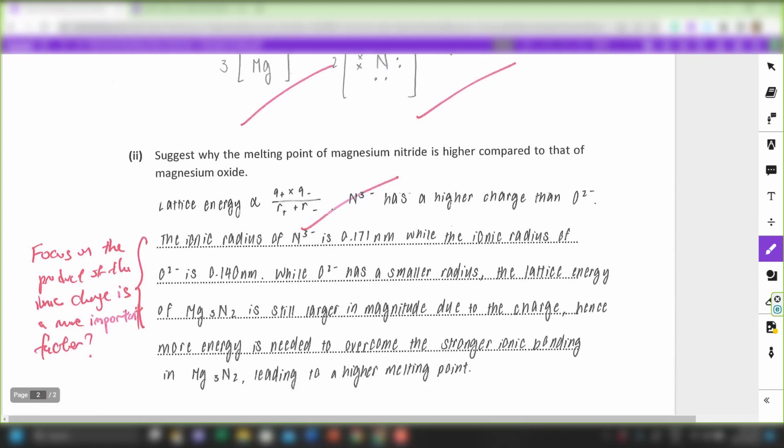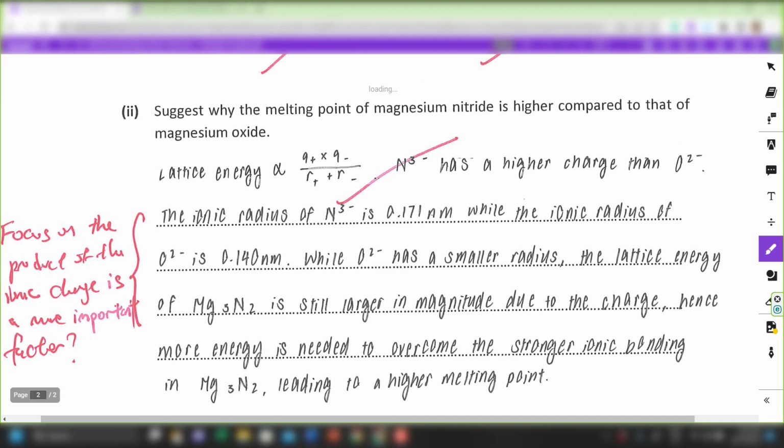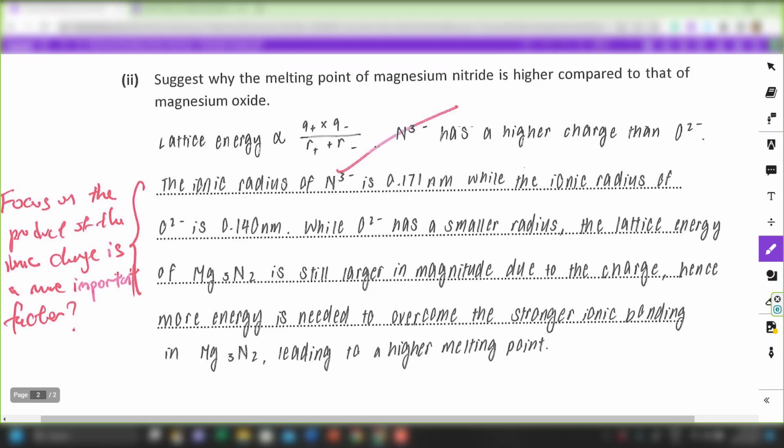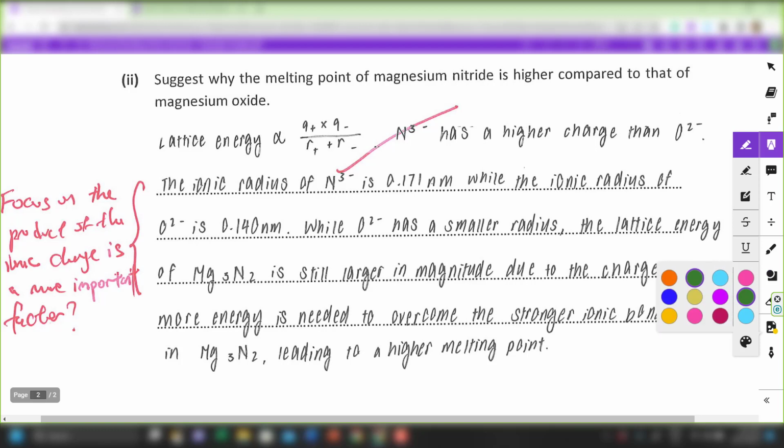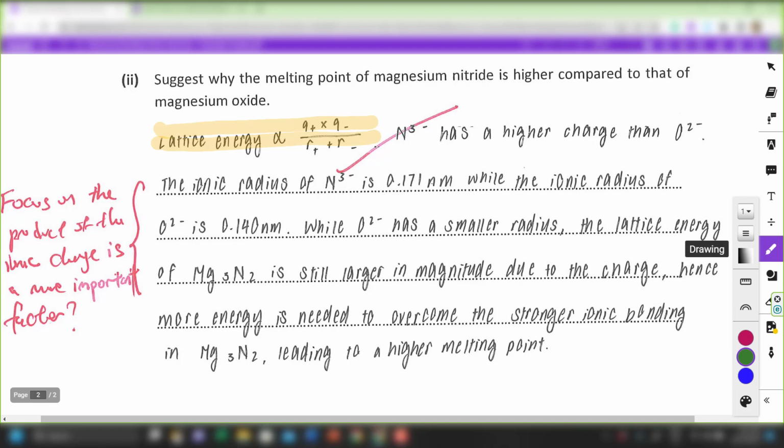Yep. And then the next question is: suggest why the melting point of magnesium nitride is higher compared to that of magnesium oxide. So a very important relationship you need to cite over here is that the lattice energy is directly proportional to the product of the charges, and inversely proportional to the sum of the ionic radii, or the interionic distance.